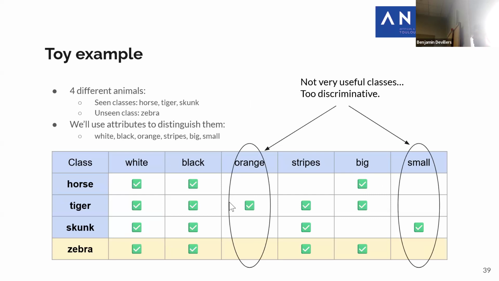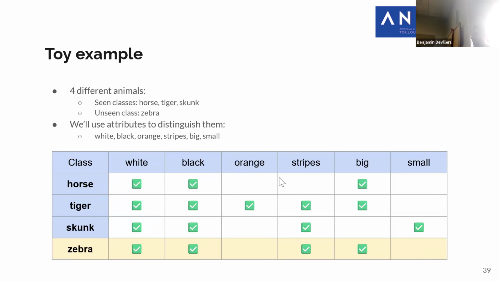And when we choose attributes, for this data set we don't have to choose because it's already done. But imagine you have to make the data set or choose attributes for those. You have to be careful about the things you use to discriminate them. Why? Because if an attribute is present for everything, then it's not discriminative.